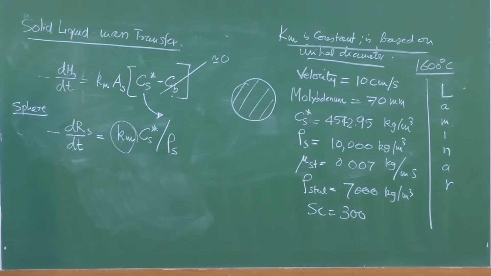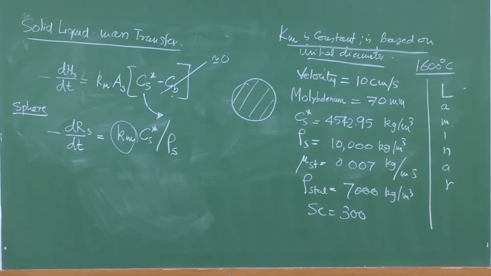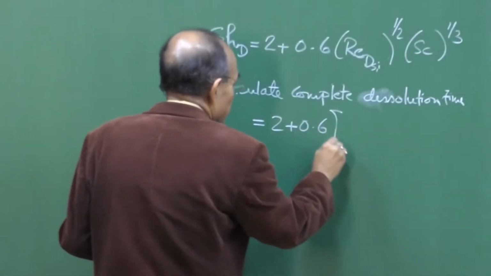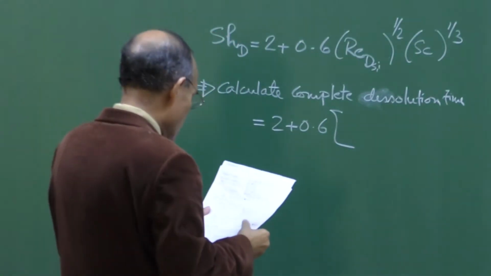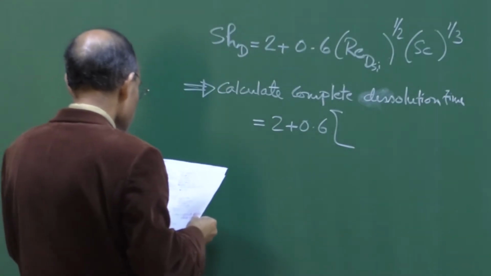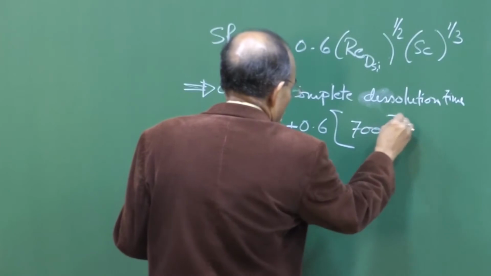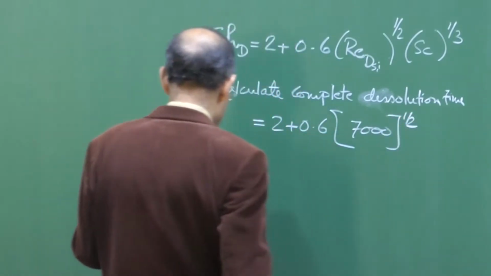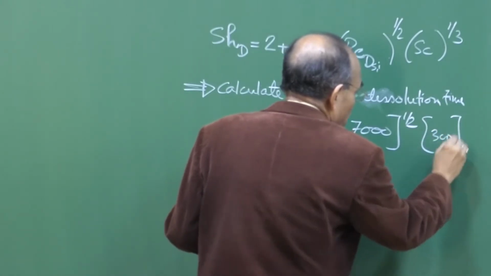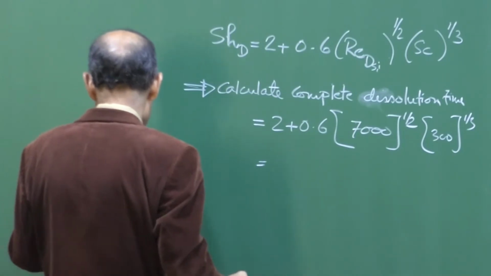So, let us now calculate the Sherwood number. We have to calculate the Reynolds number, and the Reynolds number in this particular case will come out to be almost 7,000, raised to the power half. And Schmidt number is given, which is 300 raised to the power 1/3.